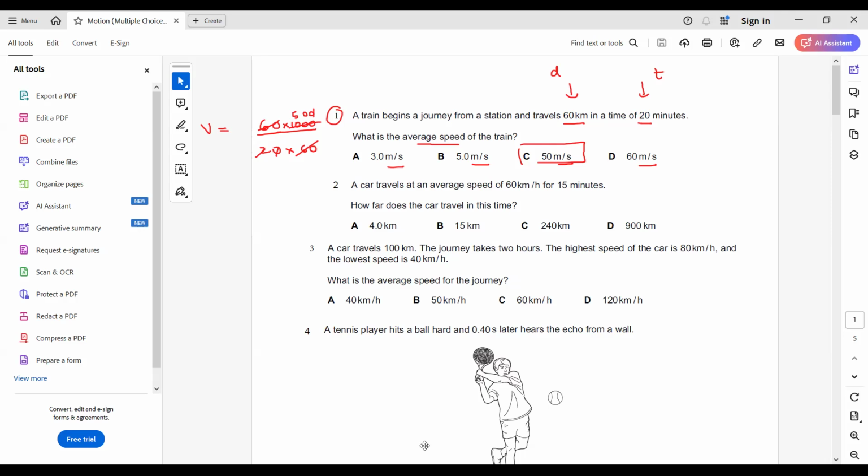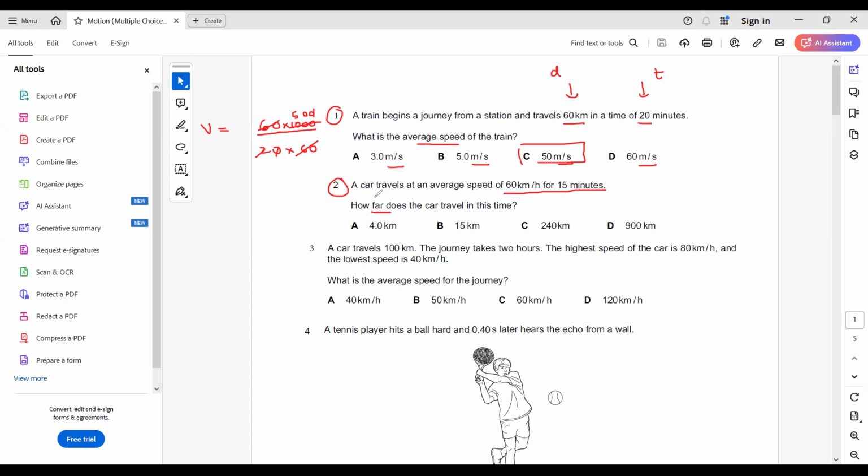Okay, then let's try question two. Question two says a car travels at an average speed of 60 kilometers per hour for 15 minutes.